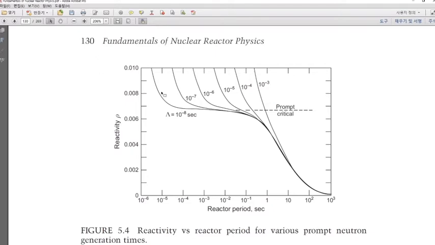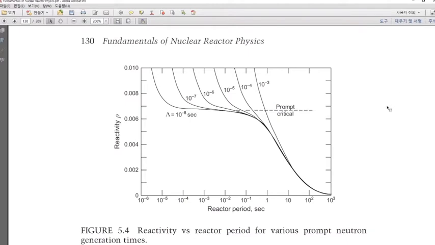And also, this condition of prompt criticality. In the case of uranium-235, this is the case when the reactivity reaches 0.0065, the delayed neutron fraction of uranium-235.